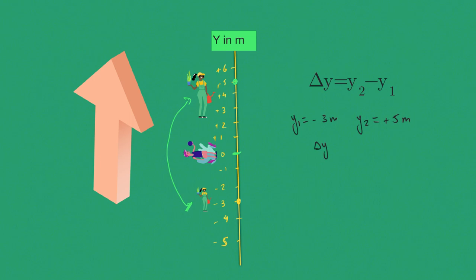So the displacement will be equal to plus 8 meters. That is the same as doing y2 minus y1. In conclusion, delta y, from initial to final position, is 8 meters going in the positive direction.